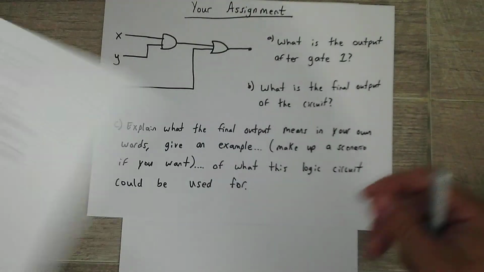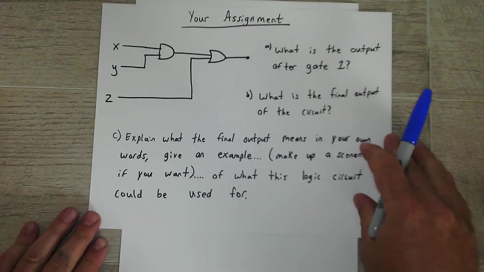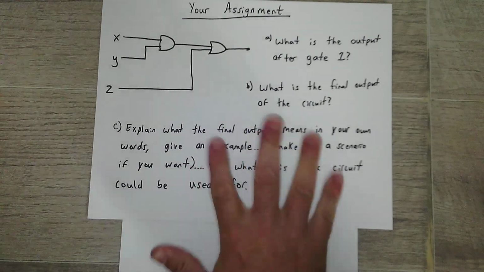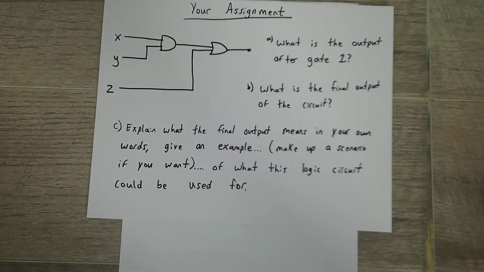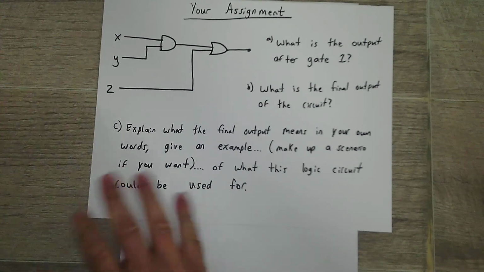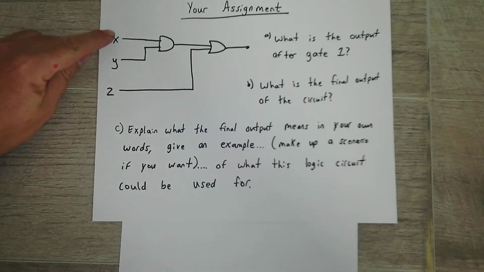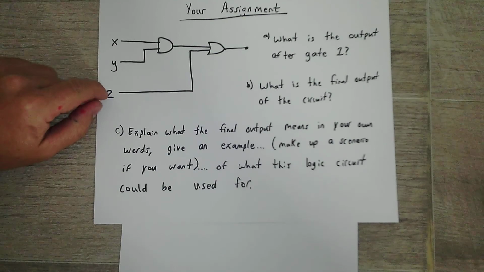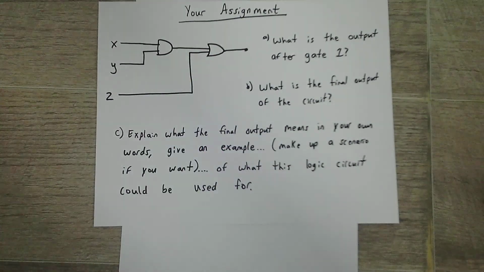Okay, your assignment will be due not tomorrow, but, not today, it'll be due tomorrow, so Wednesday. So I'll give you one day to do this. It's a combinational circuit. They're kind of similar, but instead of X and Y, it's X, Y, and Z. We have an AND gate and an OR gate.